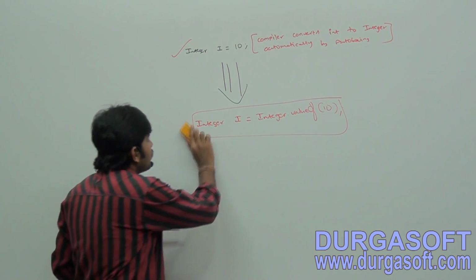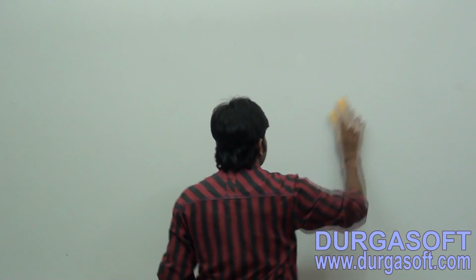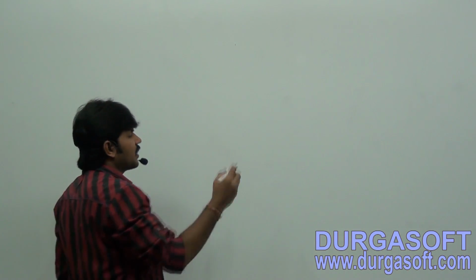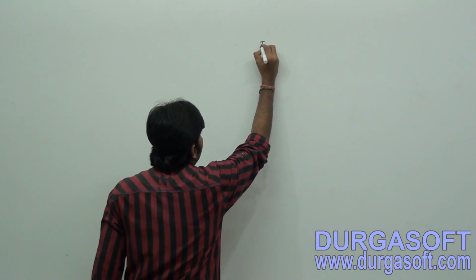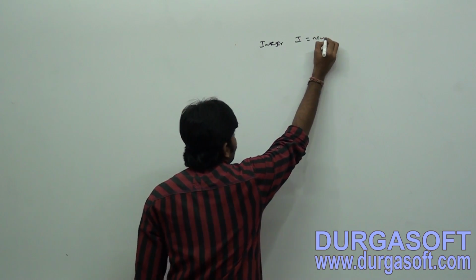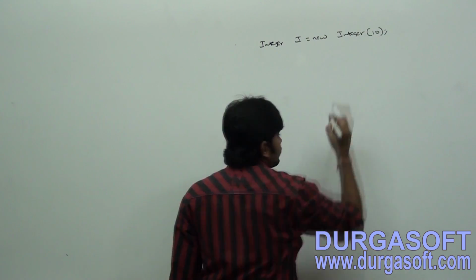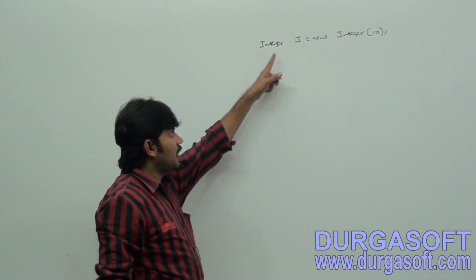Now observe the same thing in reverse. I have Integer i = new Integer(10). I have an Integer object.